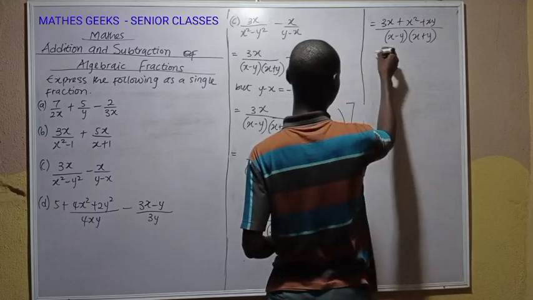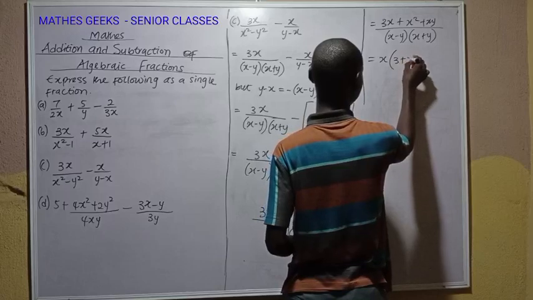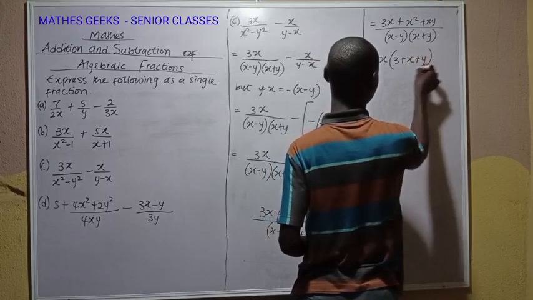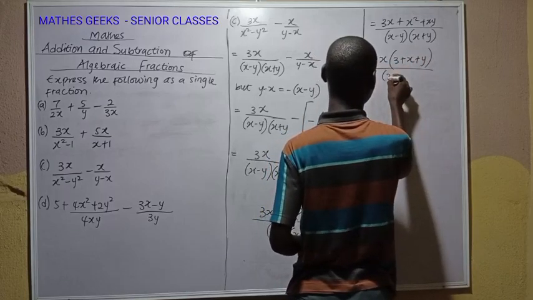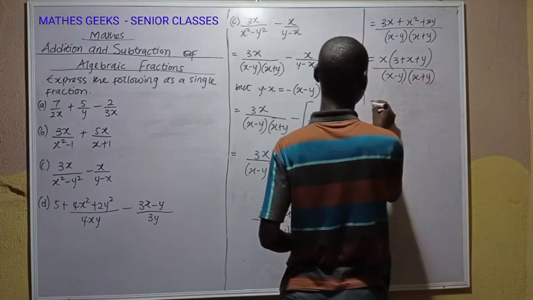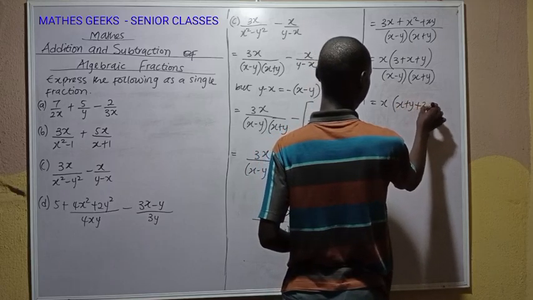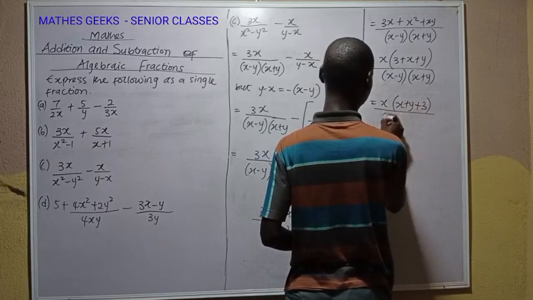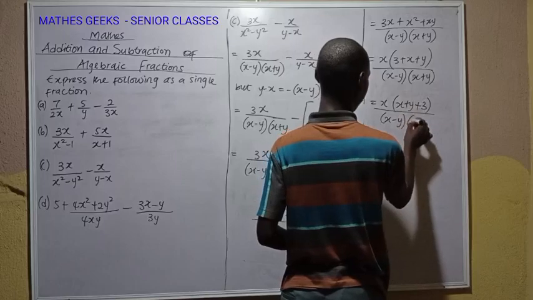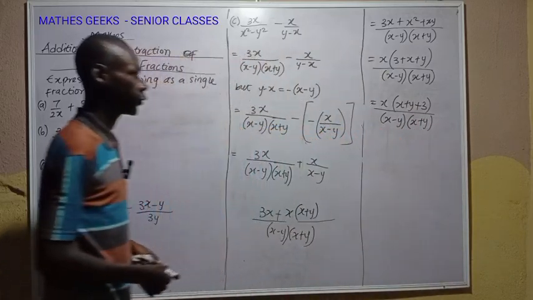So we factor out x: x times 2 plus x plus y over x minus y and x plus y. This is equal to x times x plus y plus 2 over x minus y and x plus y. That's the final answer.